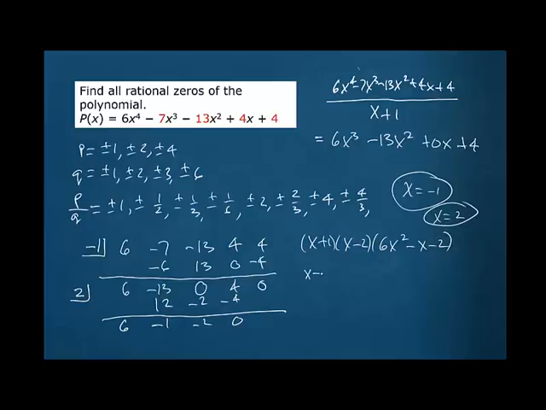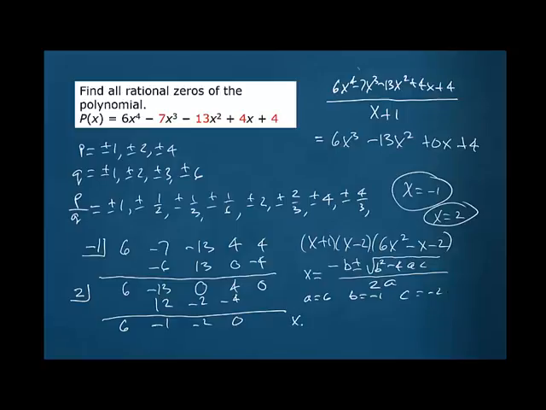Now remember that the quadratic formula tells us that we can find the roots of a quadratic function using the formula minus b plus or minus the square root of b squared minus 4ac, and all of that is divided by 2a. So we'll need to identify a, b, and c. So a will be 6, b will be -1, and c will be -2.